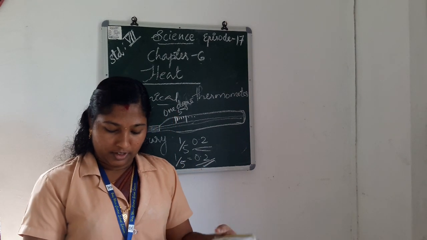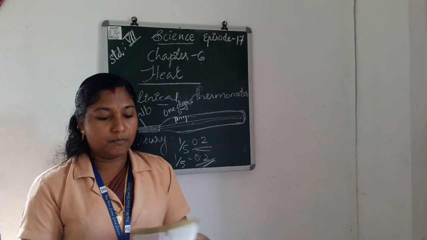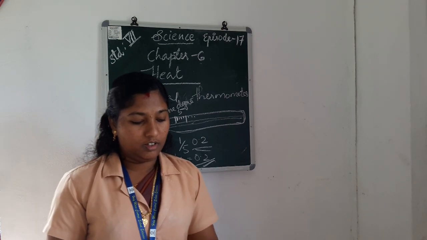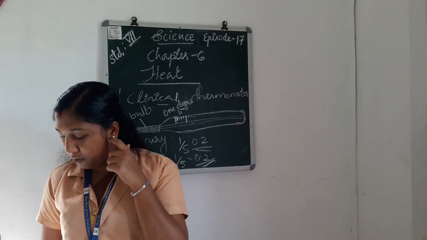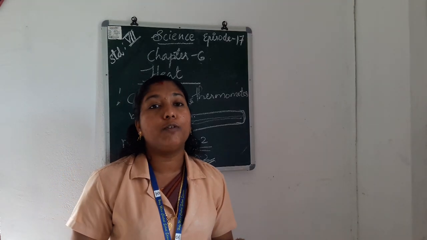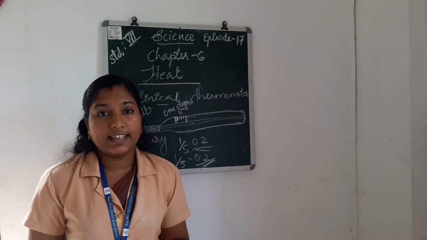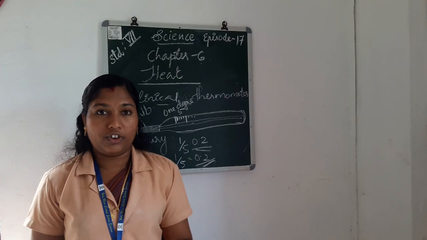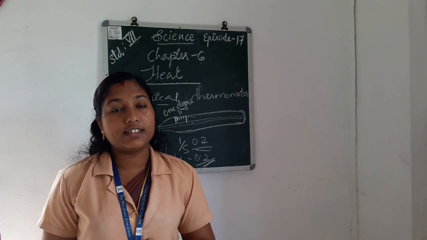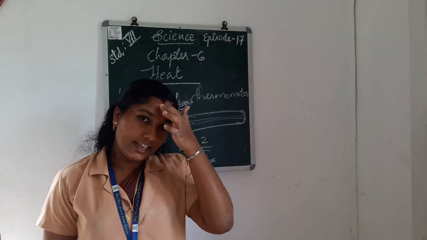Then next we move on to the laboratory thermometer. We know that laboratory thermometers are used in the science laboratory. The range of a laboratory thermometer is minus 10 degrees Celsius to 110 degrees Celsius.